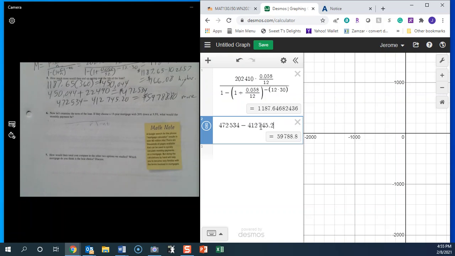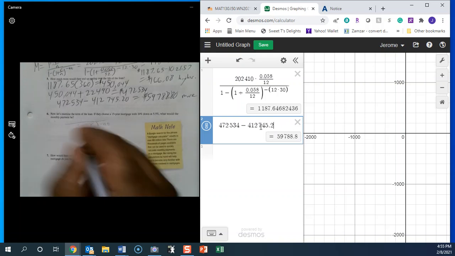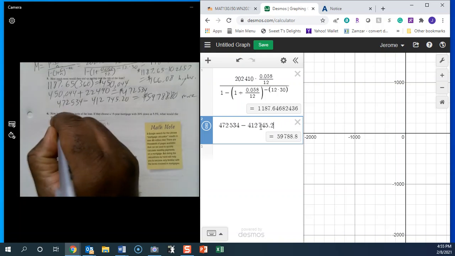Now, number 6, it says, now let's examine the term of the loan. If they chose a 15-year mortgage with 20% down at 5.5%, what would the monthly payment be? Okay. So they put 20% down. The 20% down is still going to be the same thing like we did before.